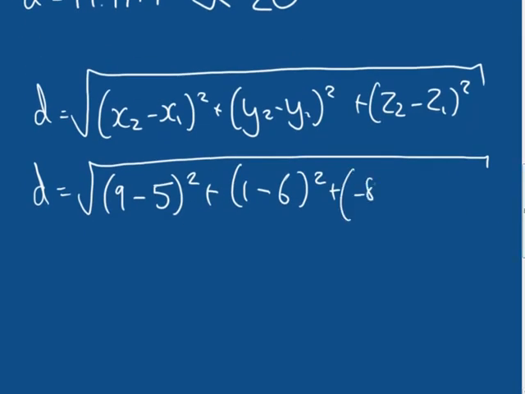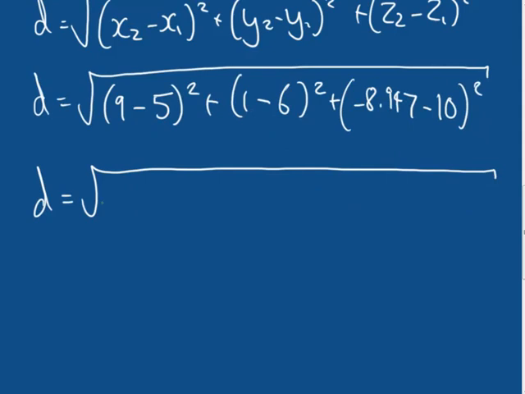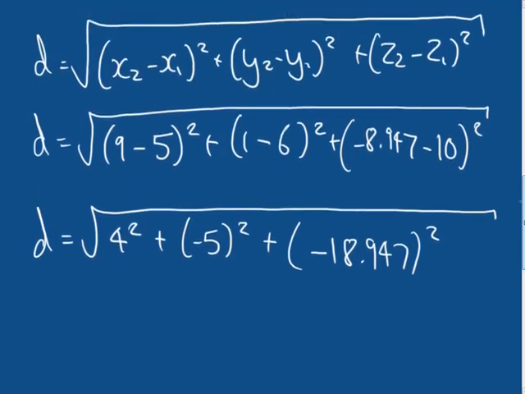So minus 8.947 minus 10 squared. Well, d is going to be equal to, again, 9 minus 5 is 4, so 4 squared, plus, again, 1 minus 6 is minus 5 squared, plus minus 8.947 minus 10 is minus 18.947 squared.